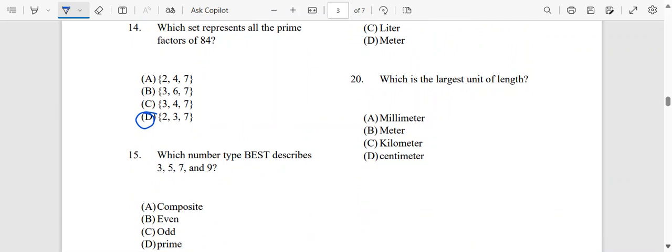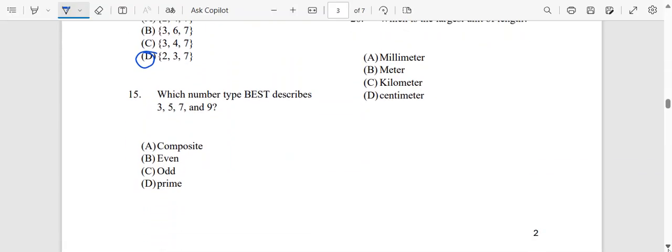Which number type best describes this number? All right. Is it composite? No, it would not be composite. Why would it not be composite? Because we know that a composite number has 3 or more factors, right?